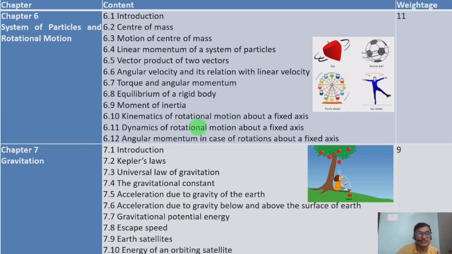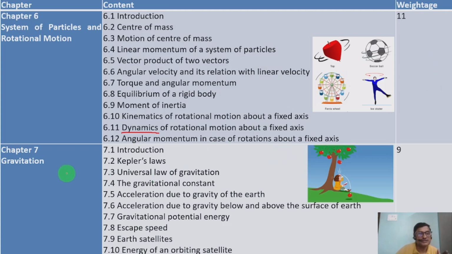That is the kinematics. And 6.11 dynamics of rotational motion about a fixed axis. The dynamics also we need to consider here. Dynamics means the forces causing the rotational motion, that also needs to be considered. 6.12 angular momentum in case of rotations about a fixed axis. This is about the sixth chapter, which has a weightage of 11 marks.